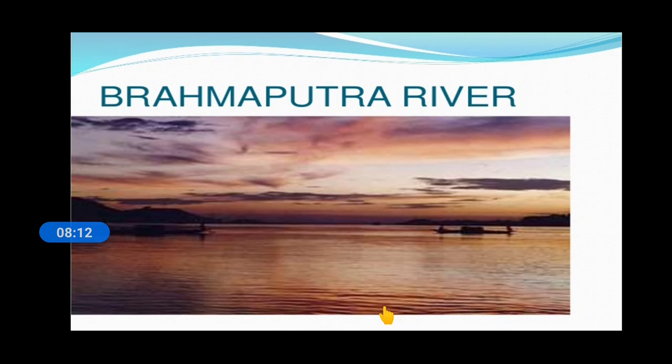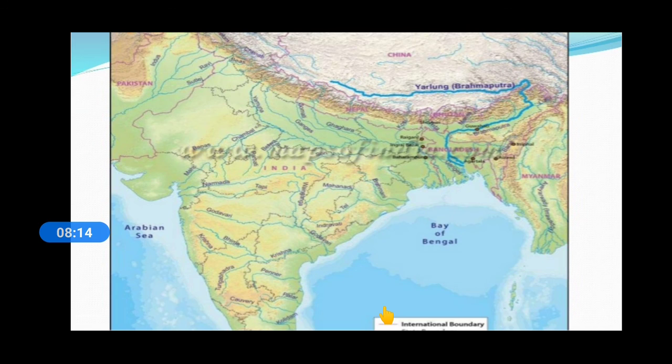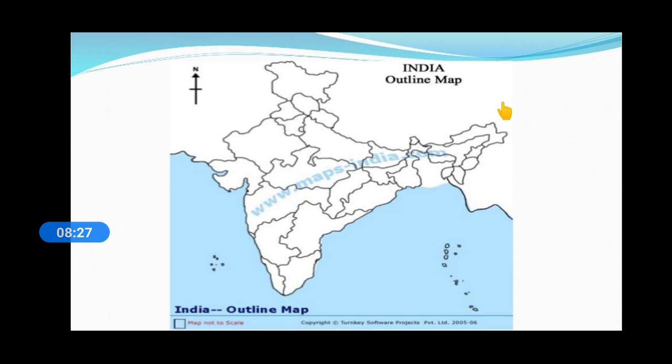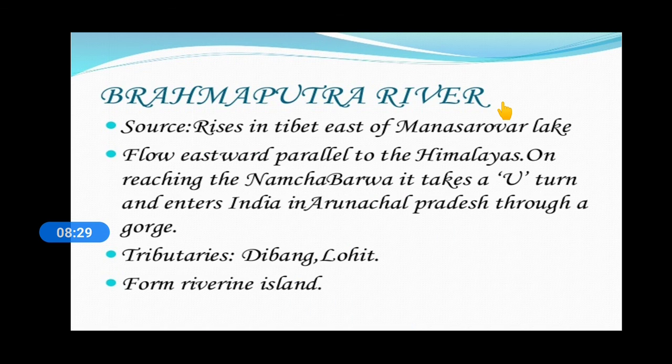Now we come to Brahmaputra River. See, from here it starts. The name over here is Yarlung, and in India we call it Brahmaputra. It rises in Tibet, east of Mansarovar.